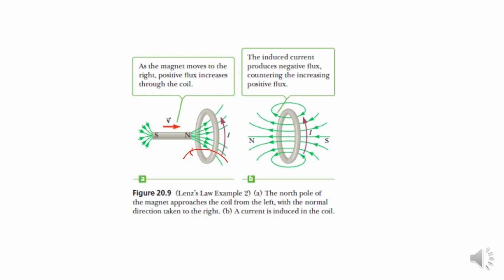You curl your forefingers following the direction of the flux created by the induced current, so your thumb will be directed upward. At the top of the loop it will be like this. You just curl your forefingers according to the new flux created by the induced current.